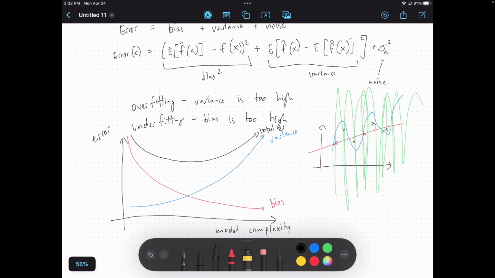So total error, and that is variance plus bias. And the idea is I want to get the lowest total error, okay? And this concept is what we're going to rely on in order to figure out where on the spectrum of red to green I want to be.